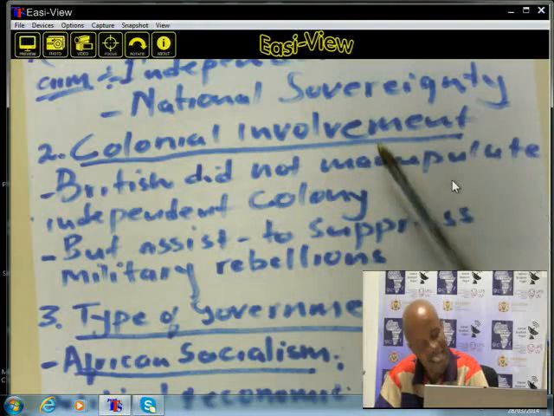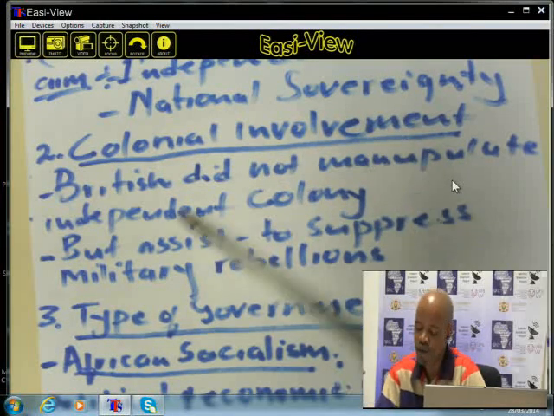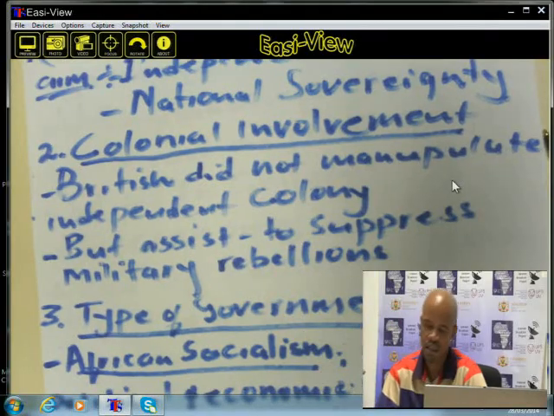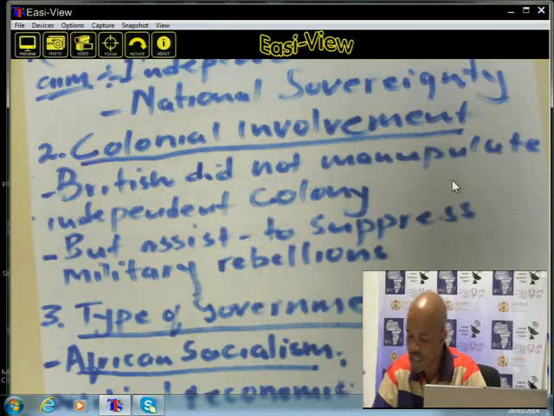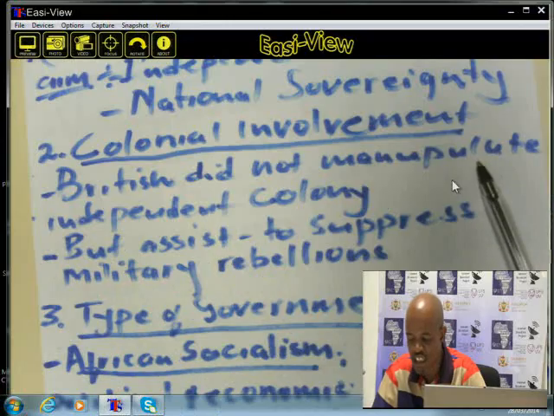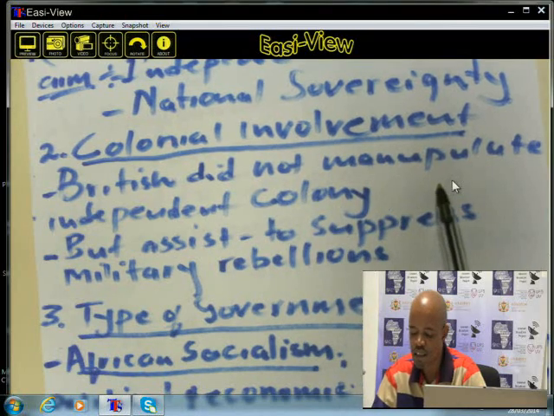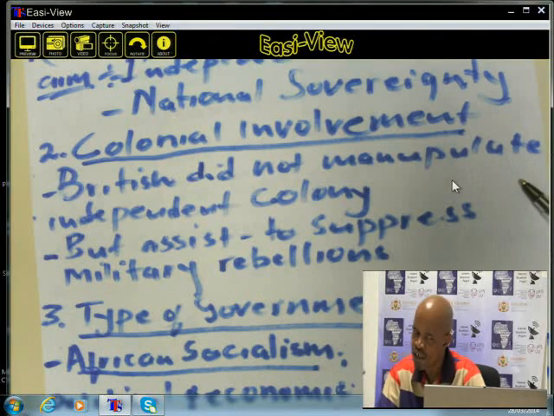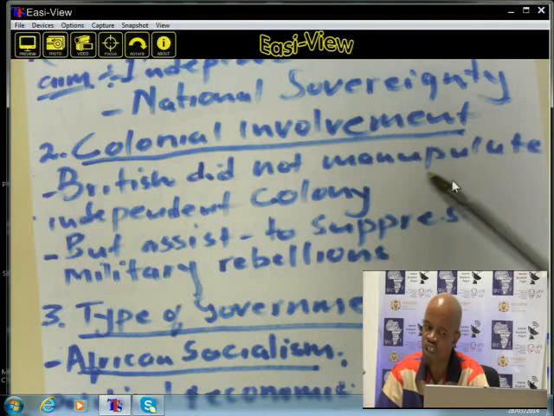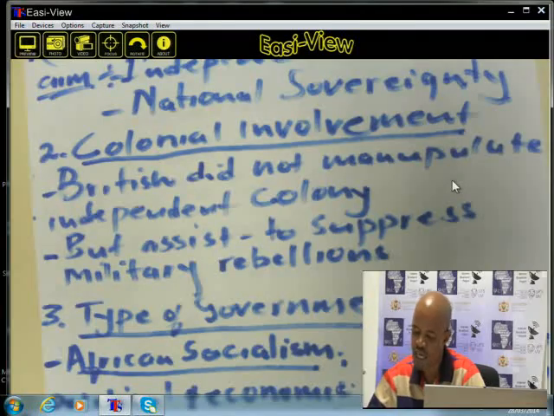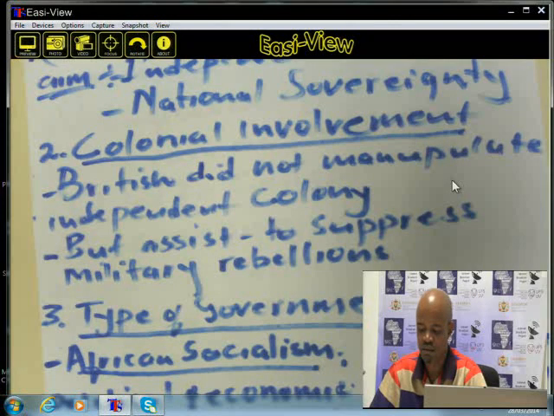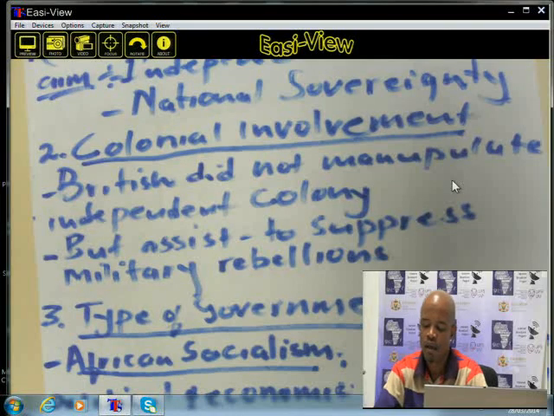When Congo got its independence, they never had any intention of manipulating an independent colony, because knowing for the fact that that particular country was now independent, as Congo did.